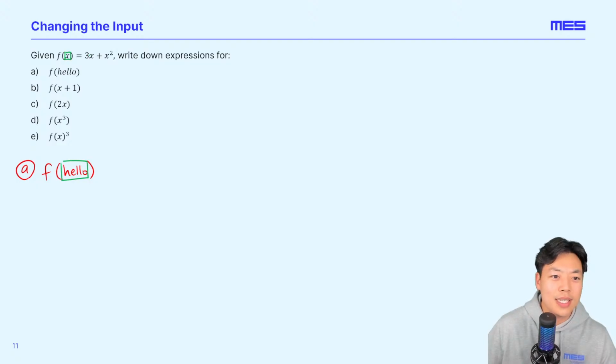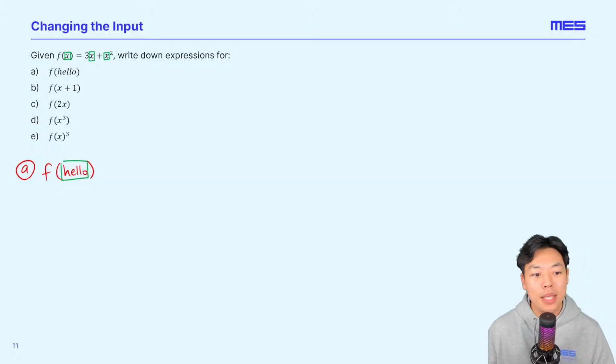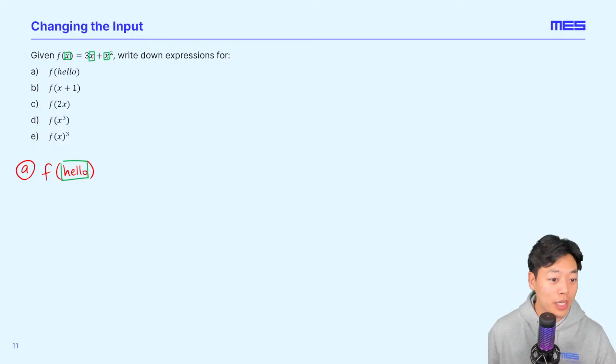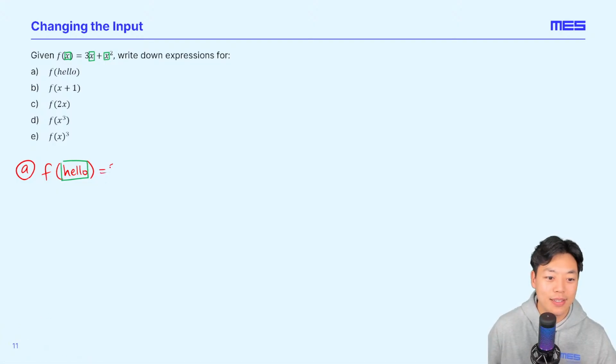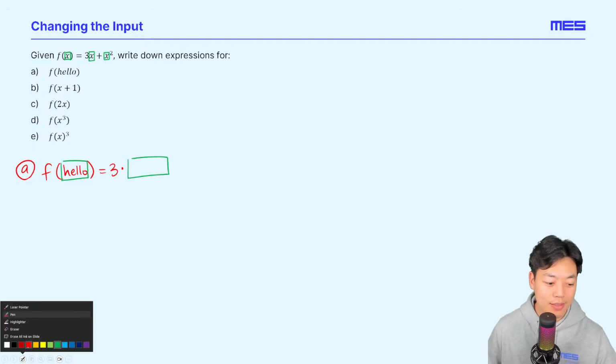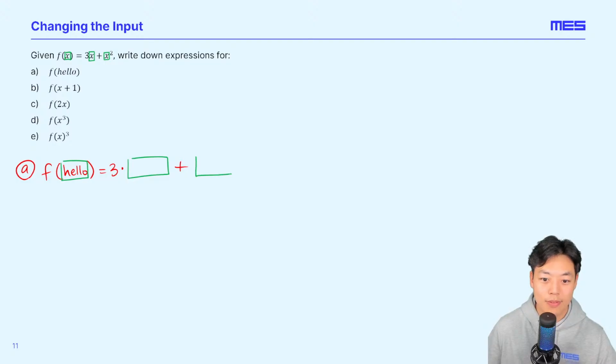We recognize this time we don't have just one x within the function equation, but we have two of them. So what that means is when we have hello in a box, we must substitute each green box with a hello. So we'll write this out. We'll have 3 times some box plus box squared.